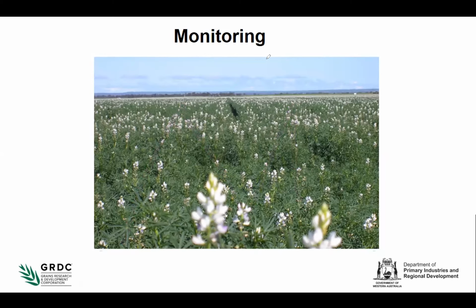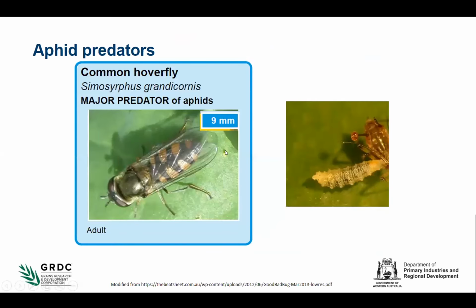Now, while you are looking in a crop, you might actually see a number of other different species. Sometimes you'll see legless green larvae. They look like little caterpillars, but they've actually got a hook for a mouth part.